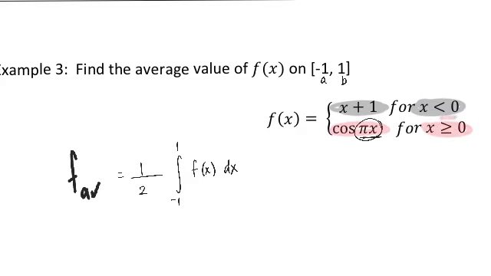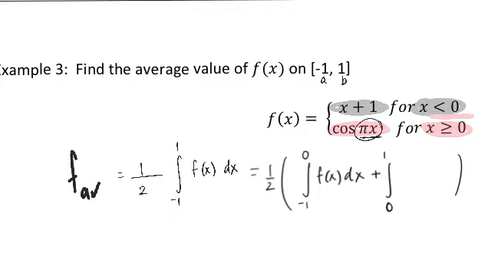So we're going to split up our integral at 0. 1/2 is going to be a factor outside, and then I'll split the integral from -1 to 0 plus from 0 to 1.